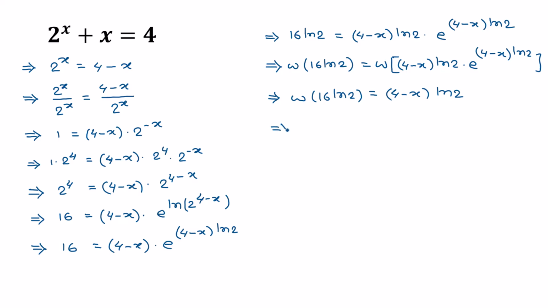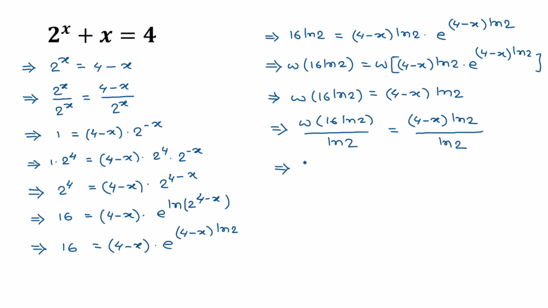Now divide both sides by ln of 2. We can write W of 16 ln of 2 divided by ln of 2 is equal to, the right side is 4 minus x times ln of 2 divided by ln of 2.